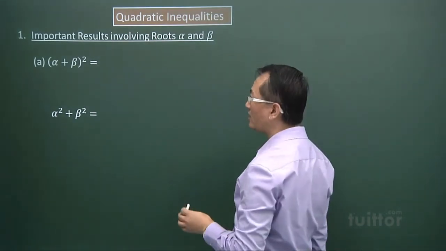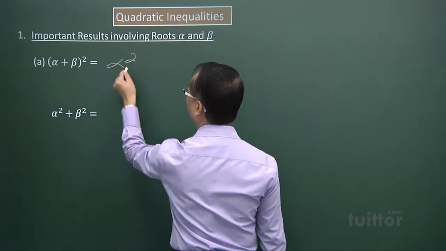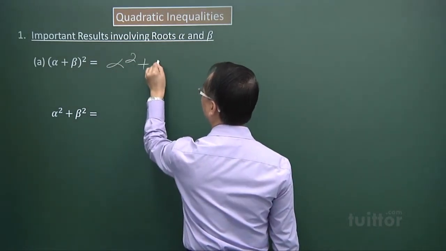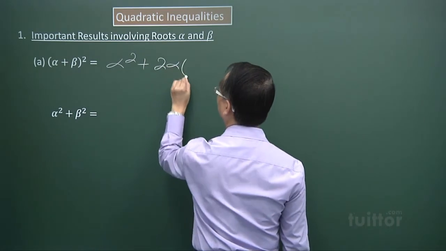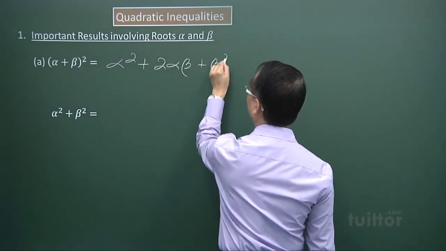So if I expand that, I will get alpha squared plus 2 alpha times beta plus beta squared.